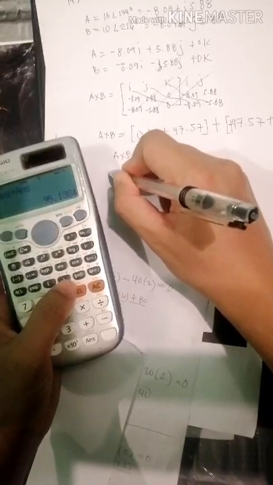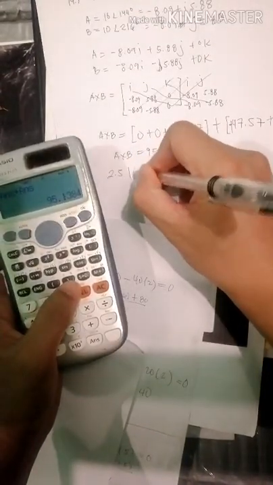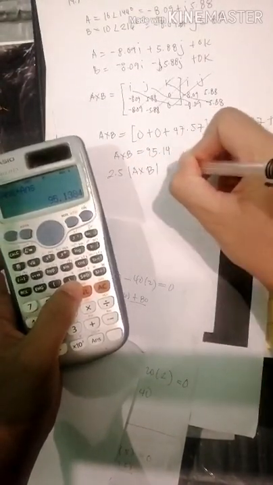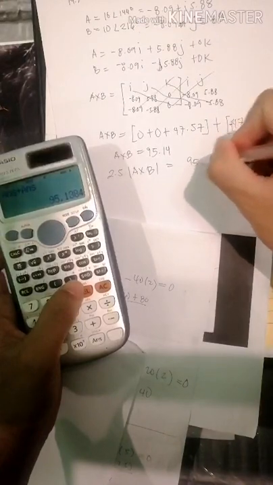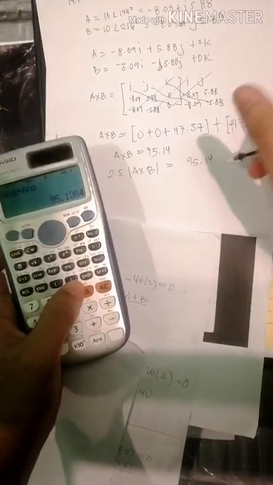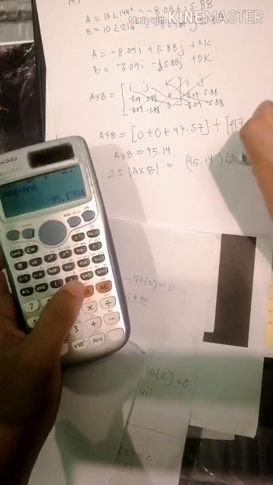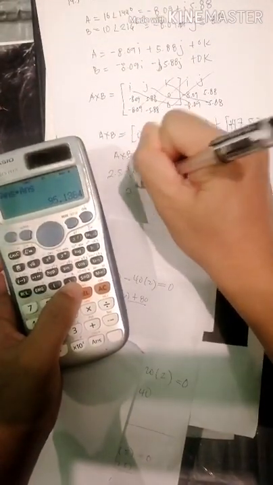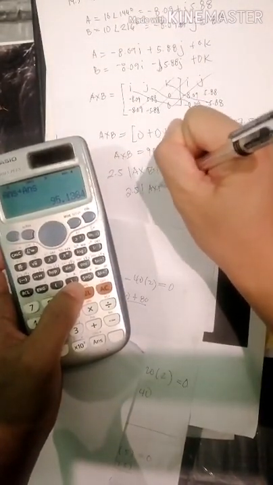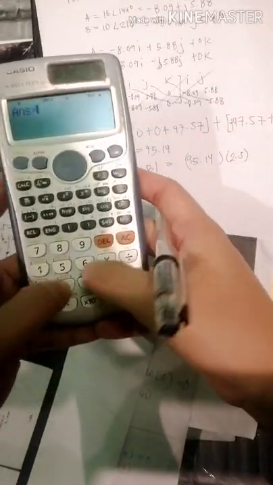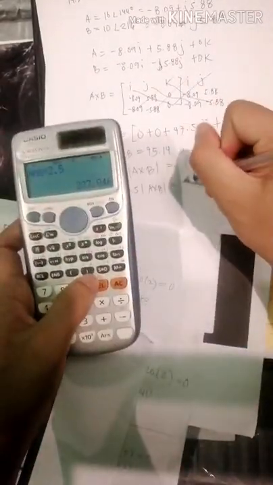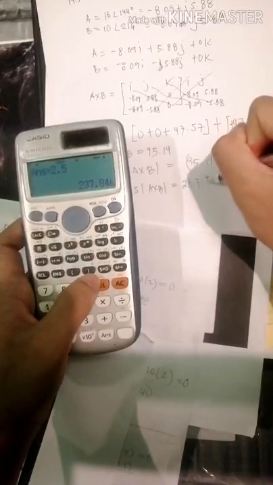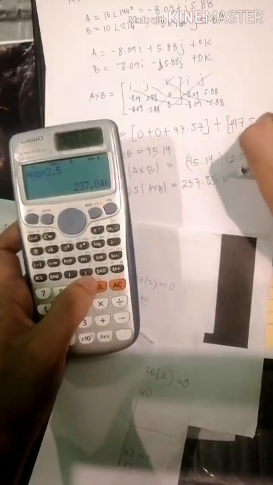So 2.5 times A cross B equals 95.14 times 2.5, which is 237.85 units.